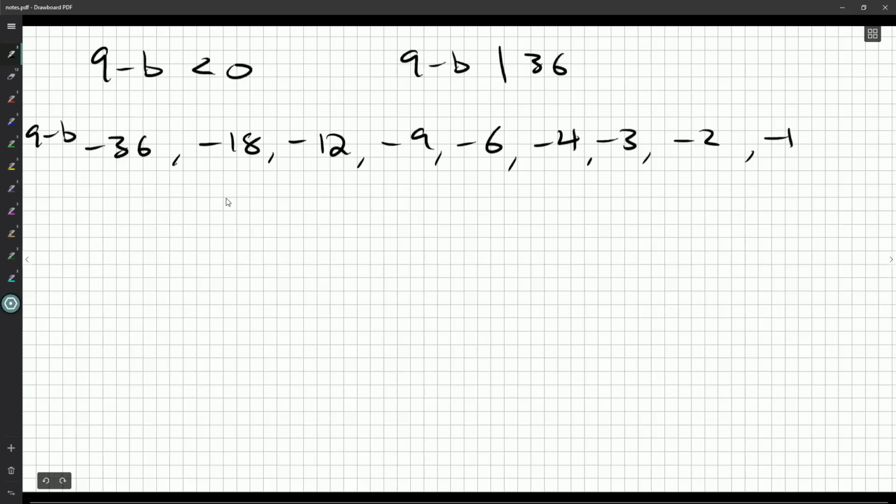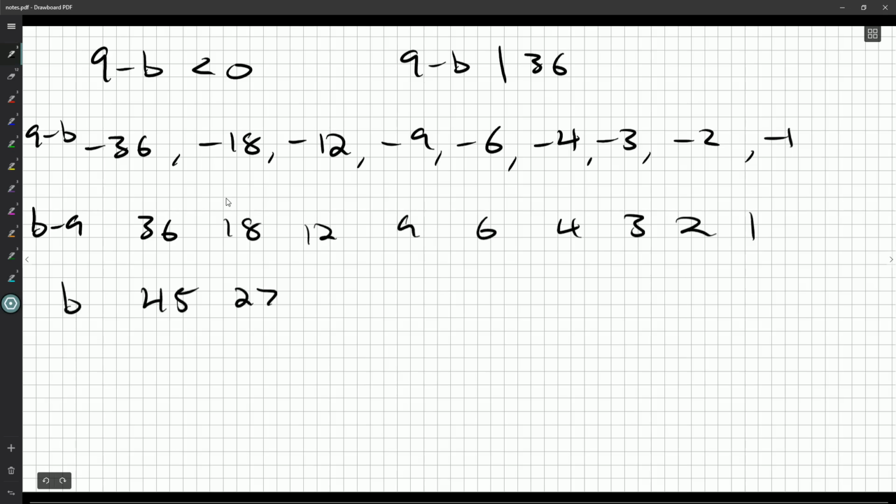My b minus 9 would be just negative everything, so 36, 18, 12, 9, 6, 4, 3, 2, 1, and b would be just add 9, so 45, 27, 21, 18, 15, 13, 12, 11, 10.